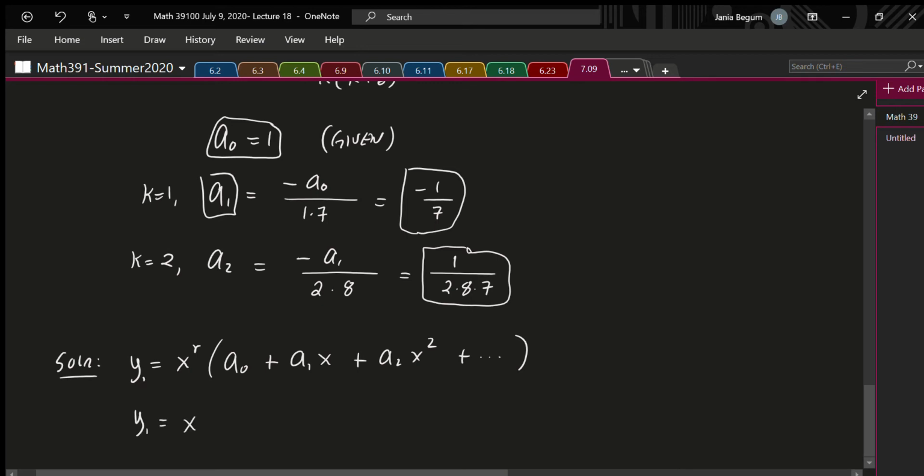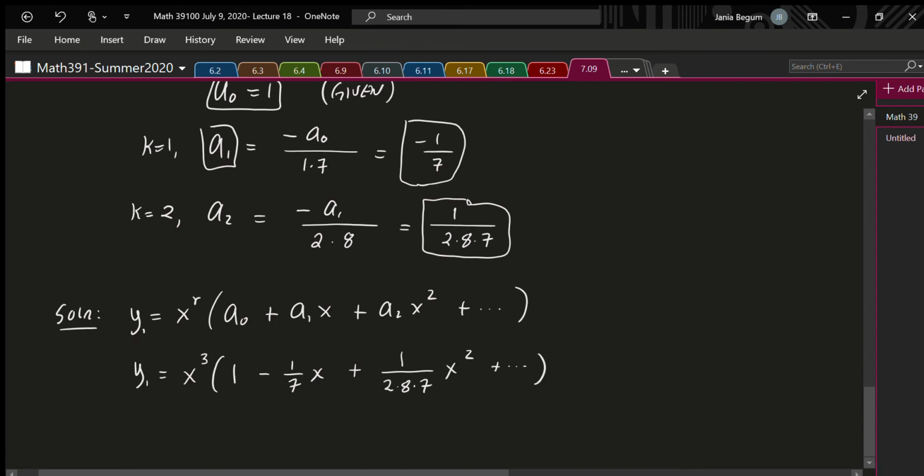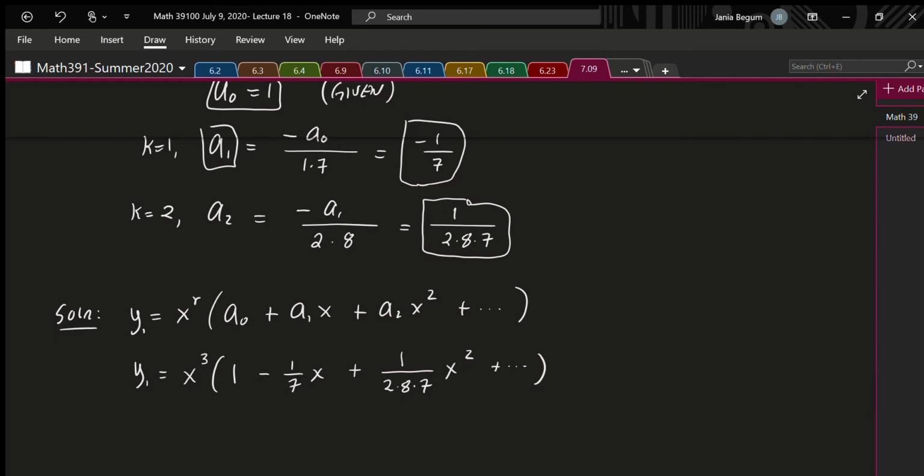So y1 is going to be x to the r. Well, r is 3 in this case, times a0, that's 1, plus a1, that's negative 1/7, so this would be minus 1 over 7x, plus a2, that's 1 over 2 times 8 times 7 x squared, and so on. So that's one of the solutions to this differential equation.